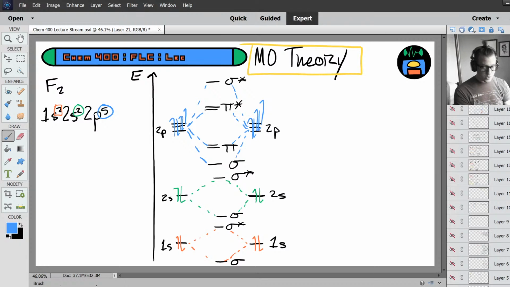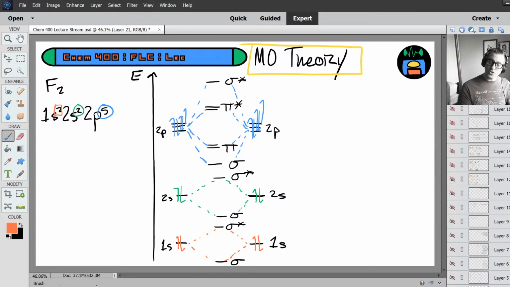Now we need to take all the electrons in our atomic orbitals and place them into the molecular orbitals that we have created by mixing these atomic orbitals together. Starting with our first energy level, you'll notice that we have a total of 4 electrons to house. There's 2 electrons in each 1s orbital, and we've got 2 of them, so we've got 4 to place.